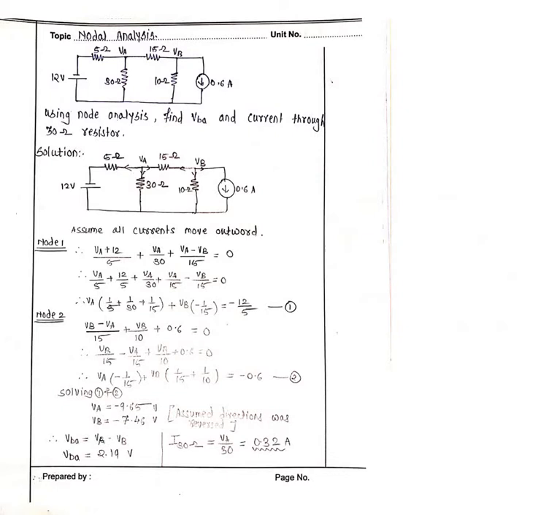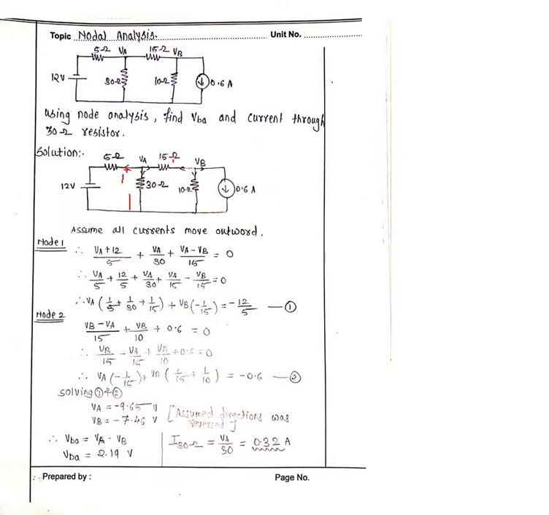The next one. Coming to node analysis, here you assume all the currents move in the outward direction. After assuming all the currents move outward, very simply, you write I1. If you want to give the value, you can also give. So I1, I2, I3.